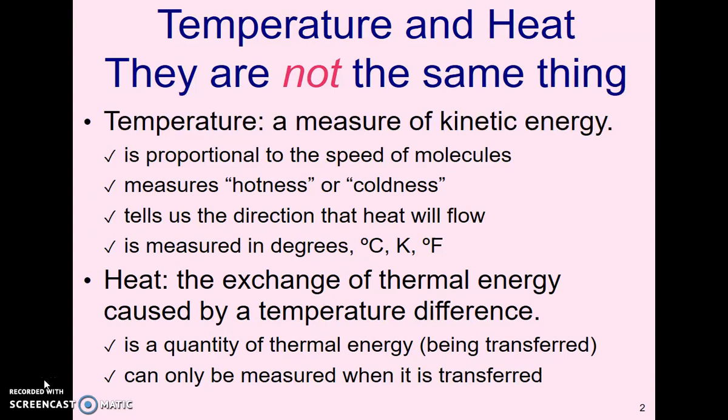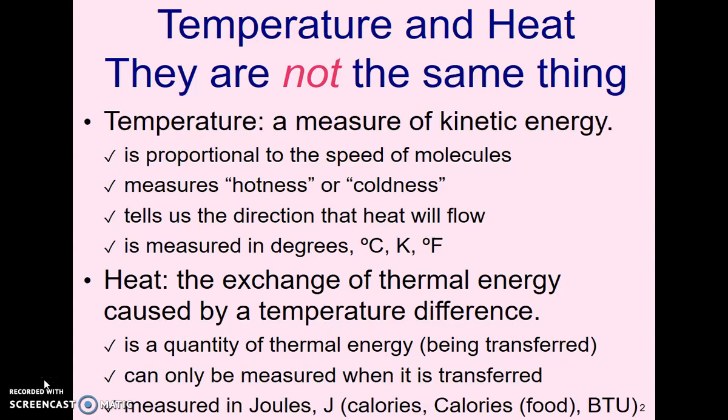We measure heat in two units that you've heard of: joules, and also calories. For example, the energy in your food is measured in calories, and that is calculated by burning the food and seeing how much energy is released. We're actually going to do that in a lab on Tuesday.